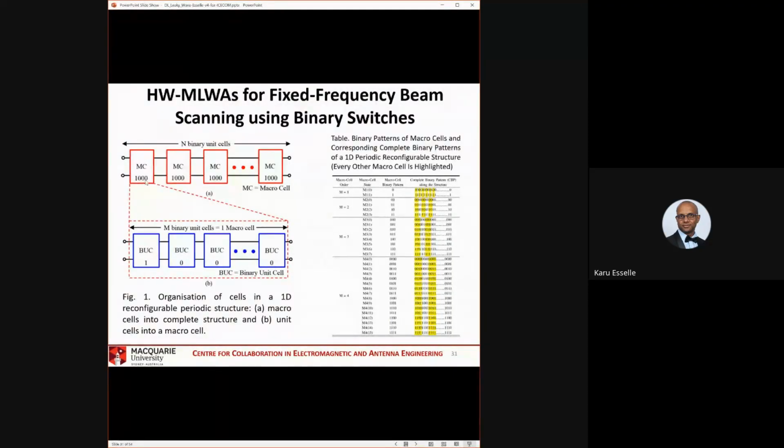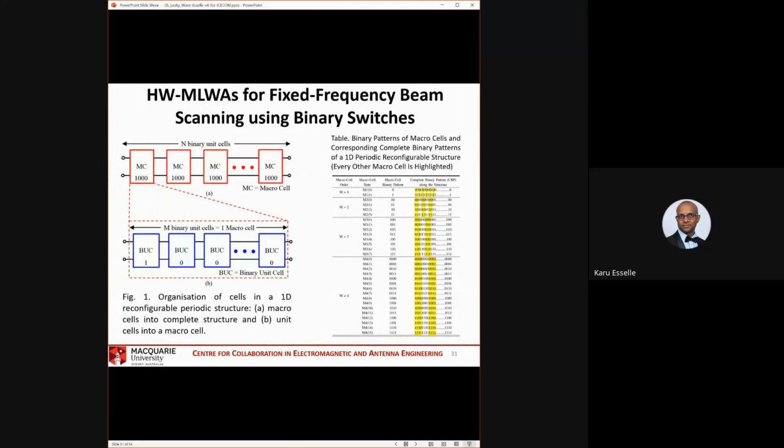That's a combination of 4 binary cells. So if the 4 binary unit cells have binary combination 1, 0, 0, 0, the macro cell has a state of 1, 0, 0, 0.